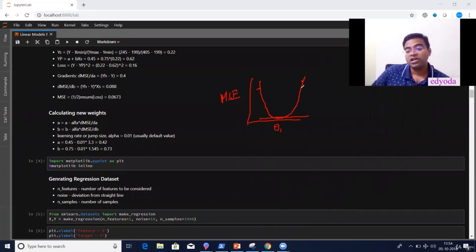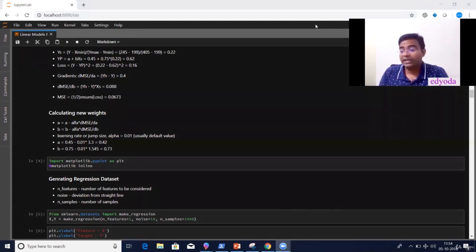So it is trying to find the relationship between the mean squared error and theta 1, and based on that relationship it will move left or right from wherever it currently is. This is what the gradient descent algorithm really does. You can implement the entire process in NumPy also, and see how linear regression is actually implemented internally. Let's proceed further.